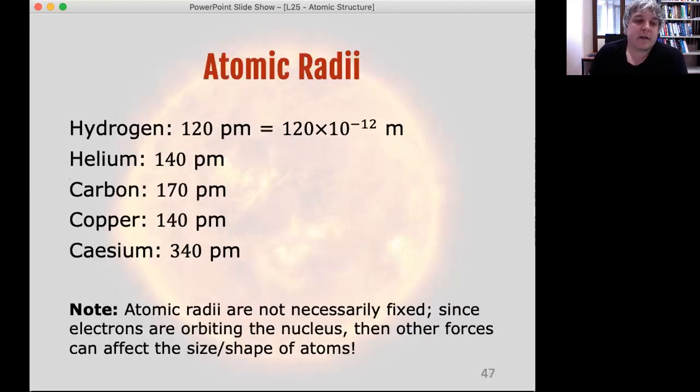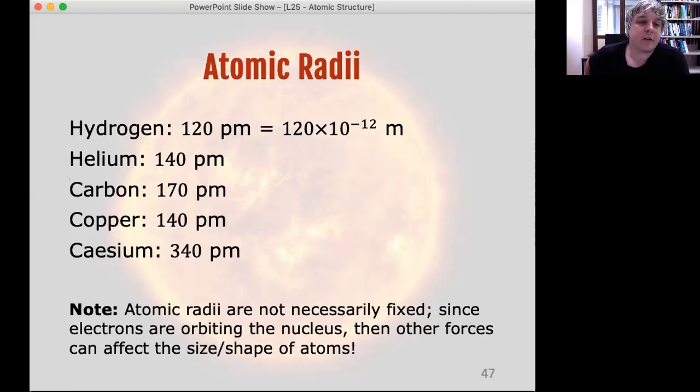So with that in mind, you'll see that the atom sizes don't actually change that much. Even though the number of protons and neutrons in the middle, the nucleus, might be changing in size quite a bit, right? The copper is certainly going to have a much bigger nucleus than hydrogen. You'll see that the atom size overall is not changing that much, because it's the size of the outer electron orbitals that determines that atom radius.